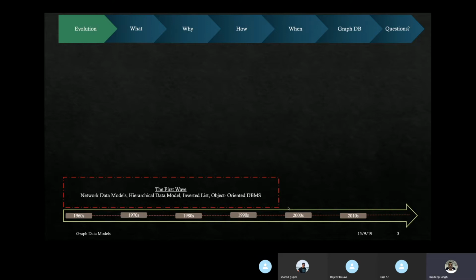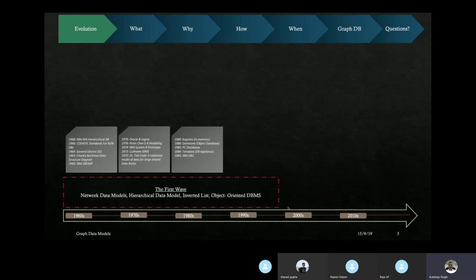Okay, so basically in these things, they only wanted to visualize how real-world scenarios exist, and then convert them into a format which can be stored in the system. Okay, so these are the major evolutions that happened through the years.